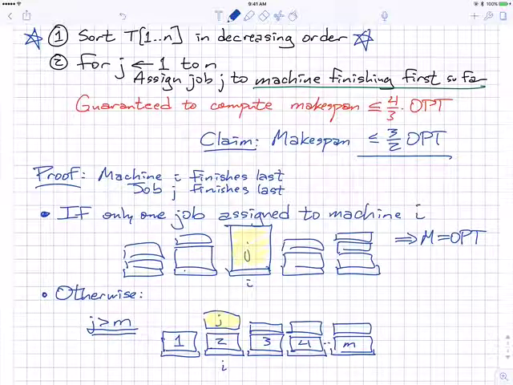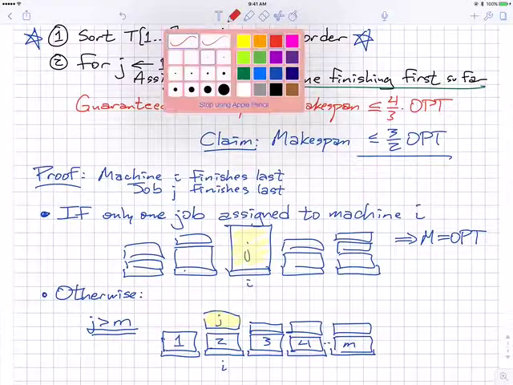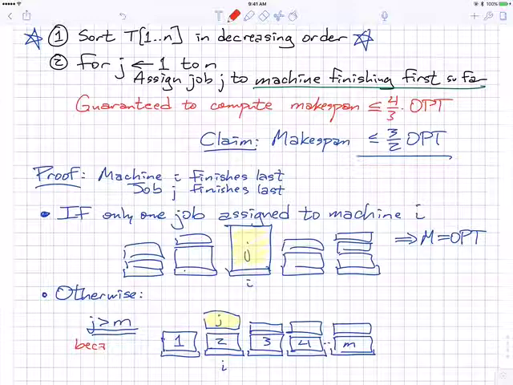So if J is not the first job executed by a machine, it can't be one of the first M jobs that need to be scheduled. Again, this is because of the way the algorithm works.